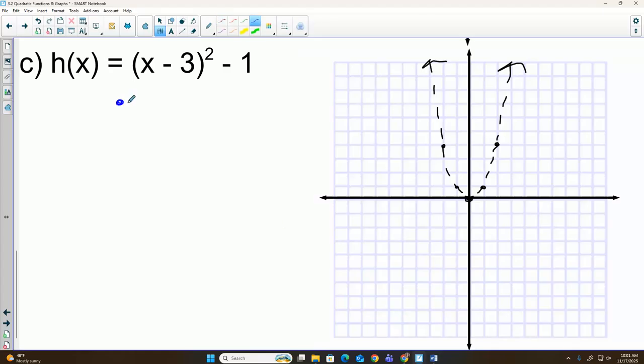What's the minus 3 going to do to my graph? And the minus 1? I take each of these points, right 3 and down 1.